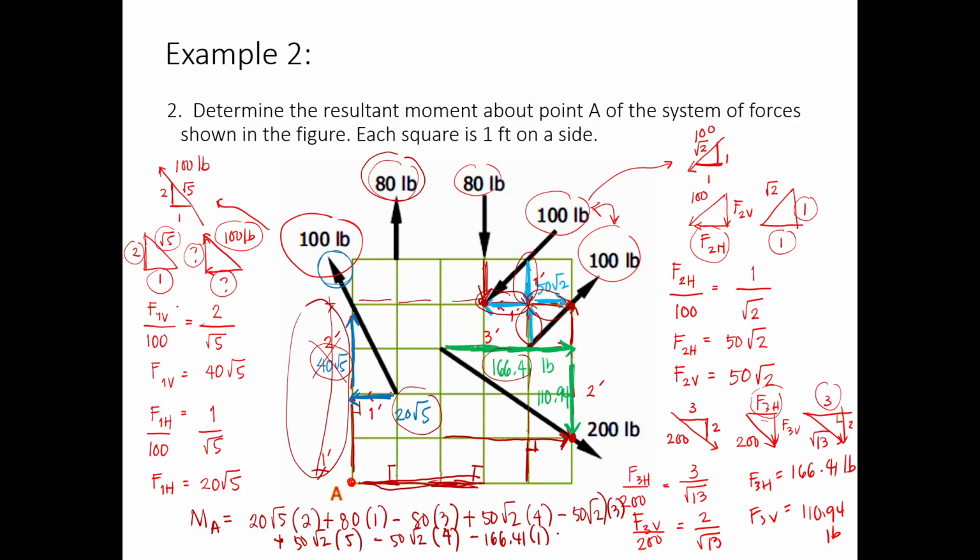So this will create a negative moment also. So we have 110.94 times 5. Times 5 because the distance is 5, right? Going here. Perpendicular distance of the 110 force. Then you solve the moment. So that will be the resultant moment at point A.